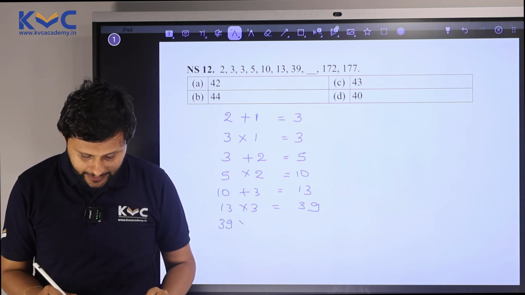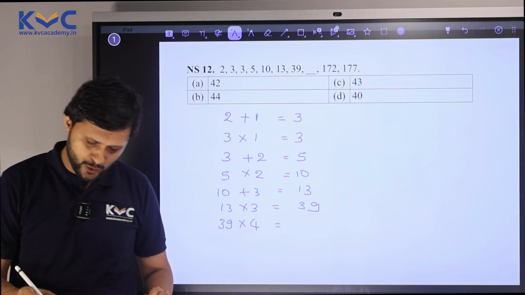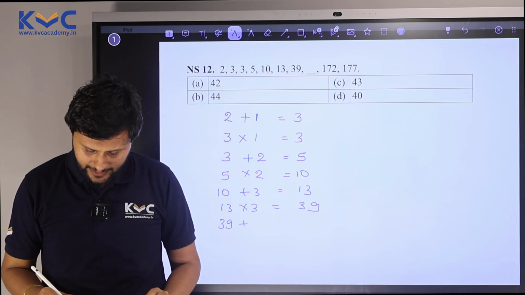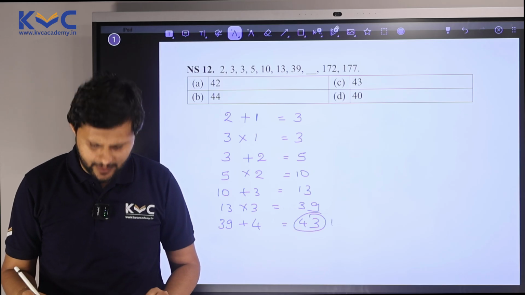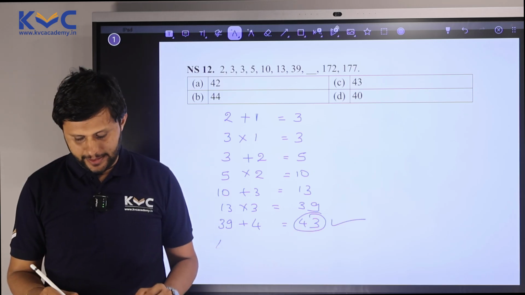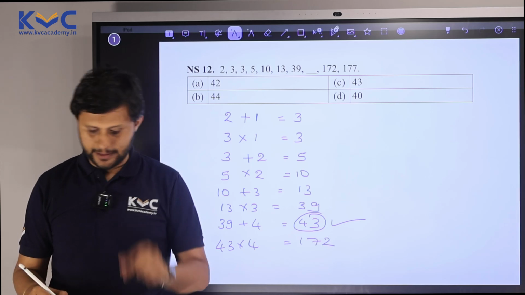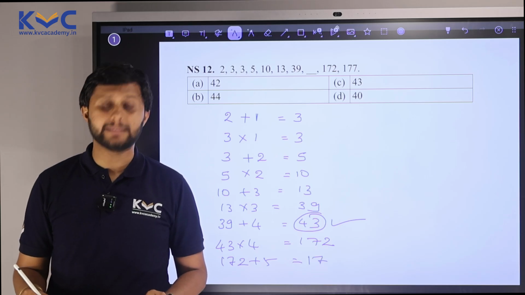Now we have 39 into 4. Let's check that. 39, in fact it should be plus 4, right? Yes, which is plus and then multiplication. 39 plus 4, which is equal to 43. Let's just confirm if it is holding good. 43 into 4, is it equal to 172? Yes, it is. And then 172 plus 5, which is equal to 177.